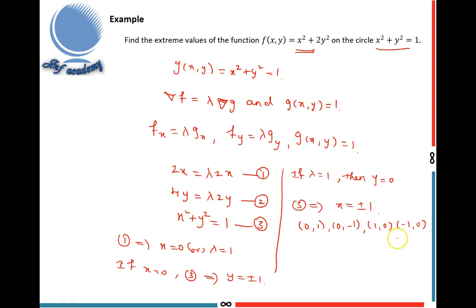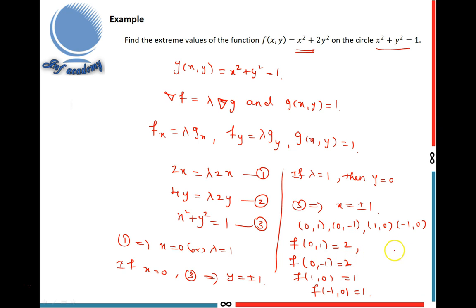Next, evaluating f at all these four points, we find that f of 0, 1 equal to 2, f of 0, minus 1 equal to 2, f of 1, 0 equal to 1, and f of minus 1, 0 also 1.